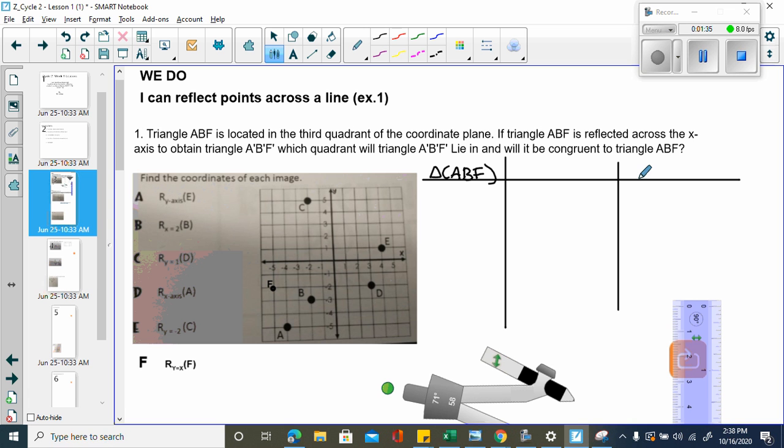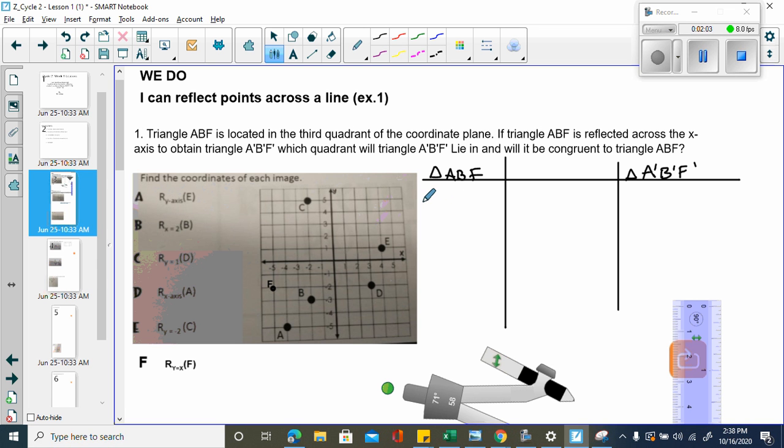And in the third column, I'll put the coordinates for my image after the reflection. So that'll be triangle A prime. So again we have triangle ABF, and we'll end up with triangle A prime, B prime, F prime.